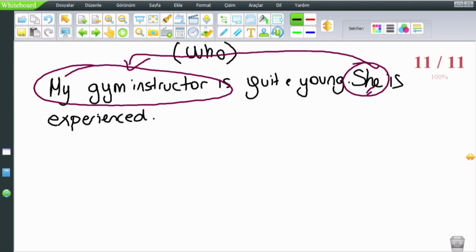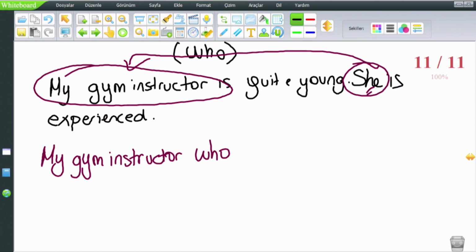So I will start with the subject of the first sentence. And then I have to use the appropriate relative pronoun, which can be who.